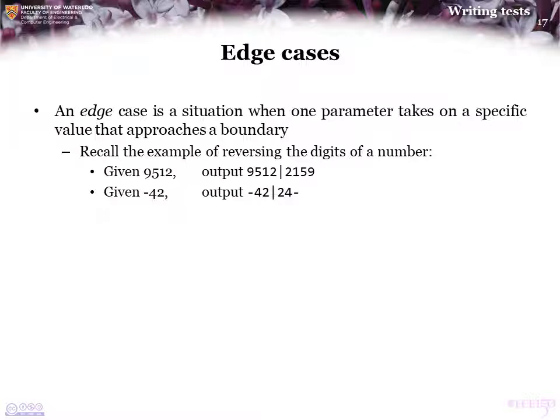Given 9,512 as an argument, the output should have been 9512 pipe 2159, that is, the digits in order and the digits reversed. Given negative 42, the output should have been minus 42 pipe 24 minus.